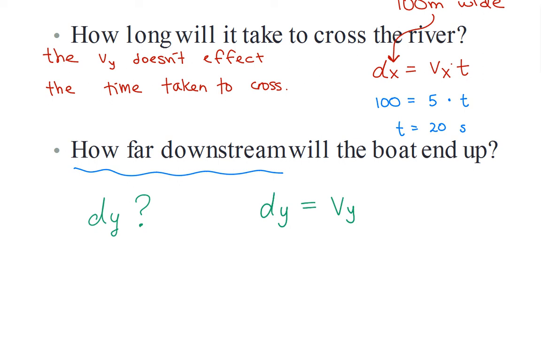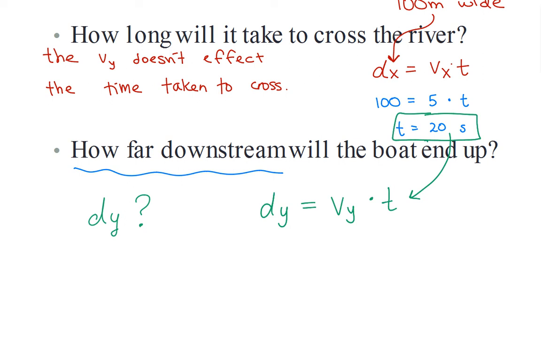So v boat is vx and v current is vy. Can I use this 20 seconds for this time? Absolutely. It's the same time. Whatever the time is for x, it's the same time for y. So time is the variable that can traverse both dimensions.